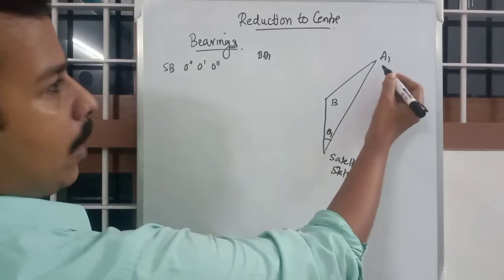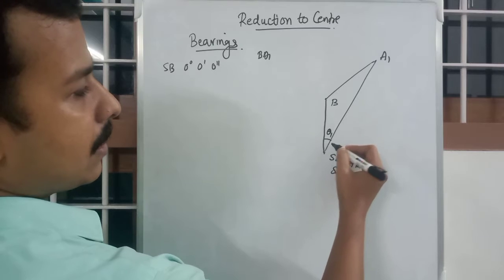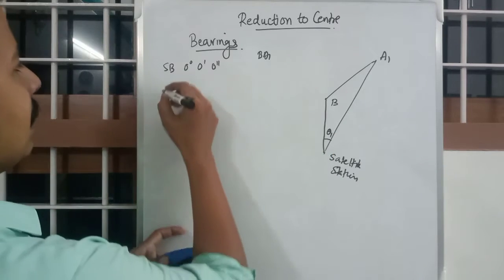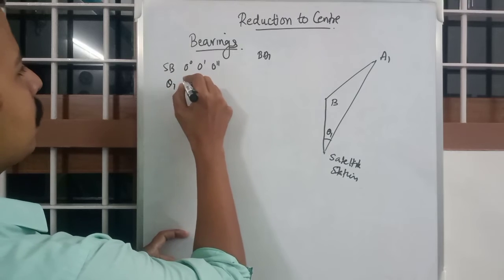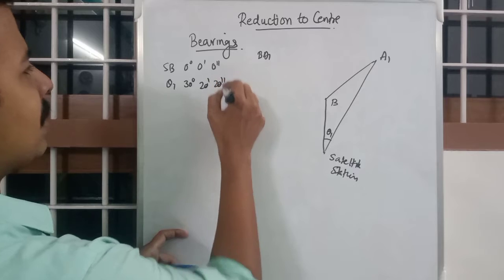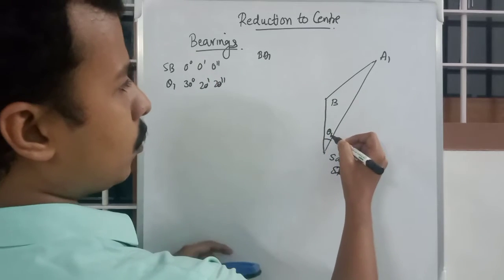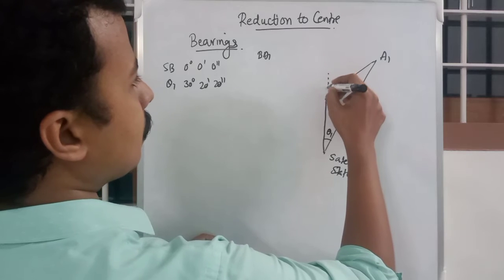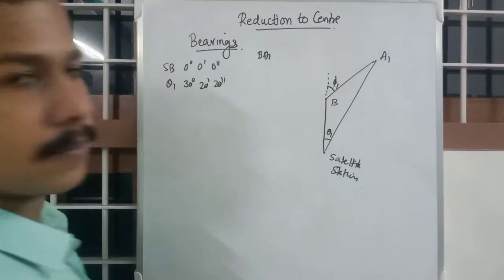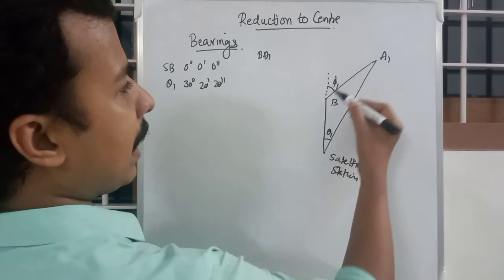So A1 was the external station like A in our previous one, and measurement was done as theta 1. Theta 1 may be 30 degree, 20 minutes, 20 seconds, any value, okay. So from this value we have to calculate this phi 1 value, okay, bearing of line joining BA1.